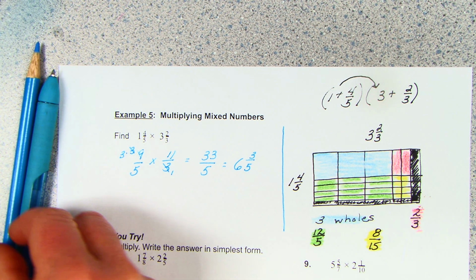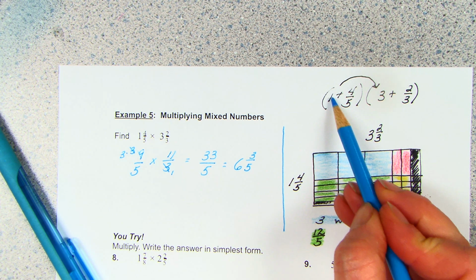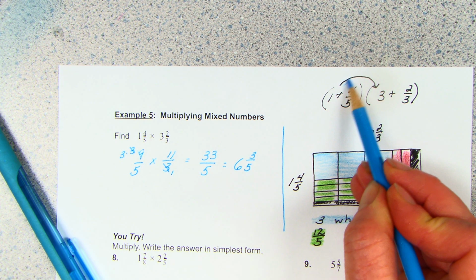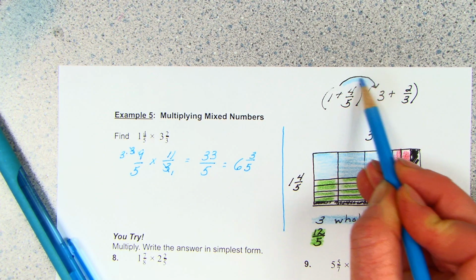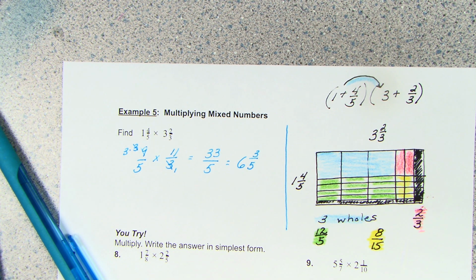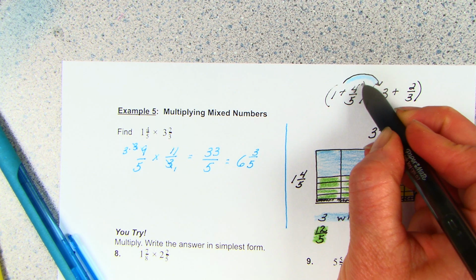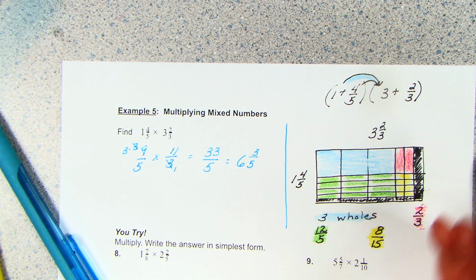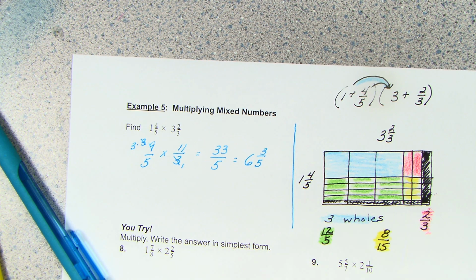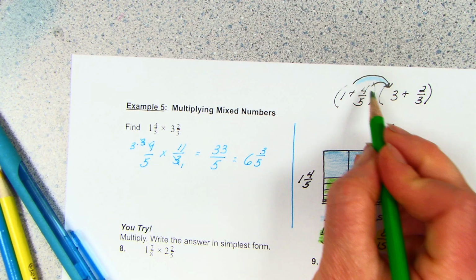That was the blue part, right? That was the whole numbers. I don't want to color the number. I'll make the arch that color, all right? And then I've got 4 fifths times 3. Well, if I do 3 times 4 fifths, that's 12 fifths. So that's this part.